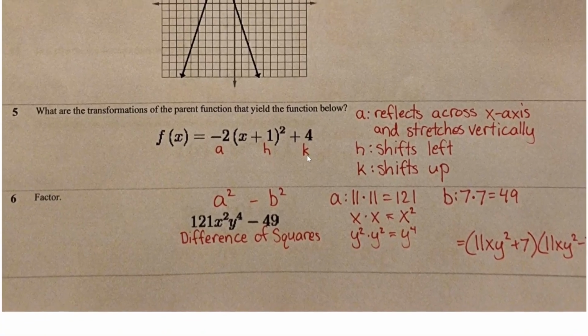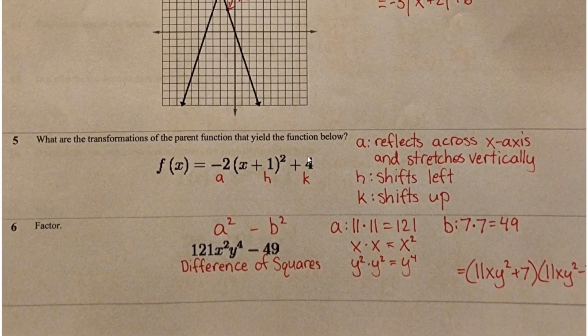What are the transformations that yield this function below? And again, the parent function is x squared. It has an a value, and that's a -2, a negative a value. You may remember it says it reflects. That's a word we haven't really used that much in a while, but it's a thing.